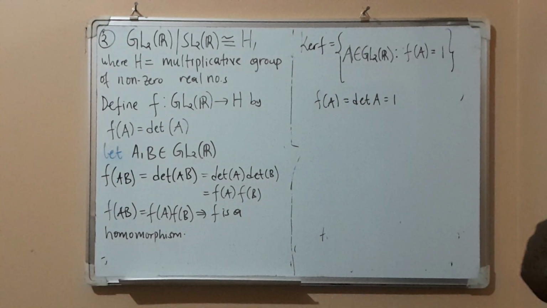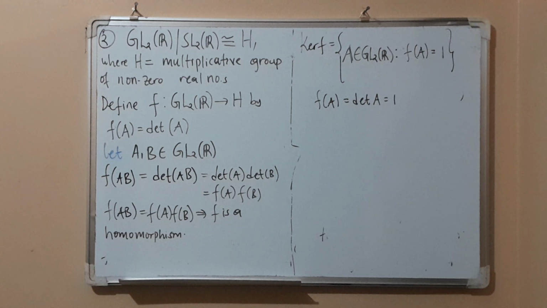So we have matrices which are mapped to 1. Matrices whose determinant is equal to 1. What do you think those matrices are?